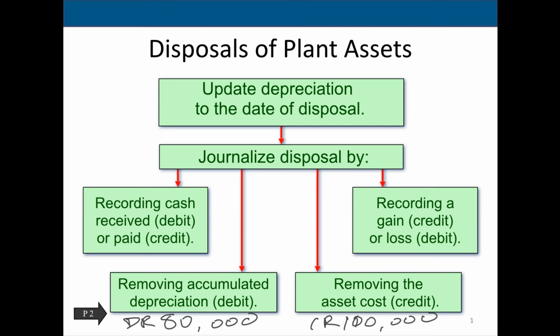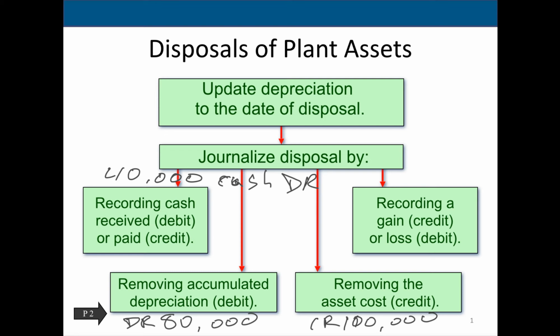on it. On the other side of that coin, if instead of getting no money for it, let's say that we got $40,000 in cash, which is a debit. Okay, so now if we look at the three components that I have so far, I've got a $100,000 credit.